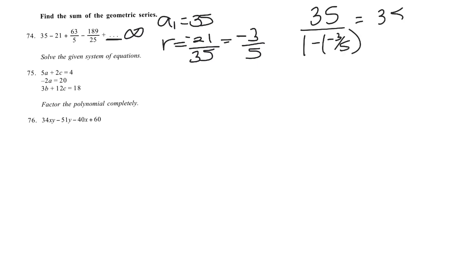So that's 35 divided by 1 plus 3/5, which is 5/5 plus 3/5, which is 8/5. Multiplied by the reciprocal, so 35 times 5 over 8. And 35 times 5 is 175 over 8.